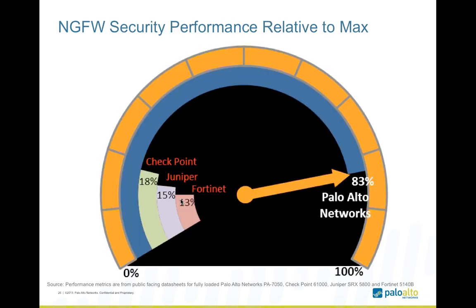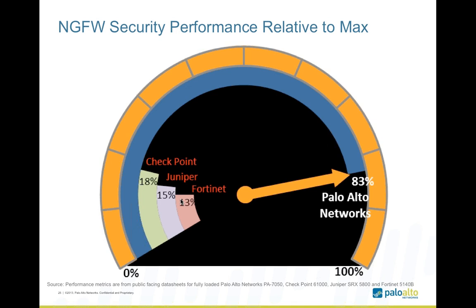And in terms of the next generation firewall security performance relative to their max, this is what we explained in the previous slide, and this is another way of showing it graphically. With full threat prevention, we can achieve 83% of the announced 120 gig.